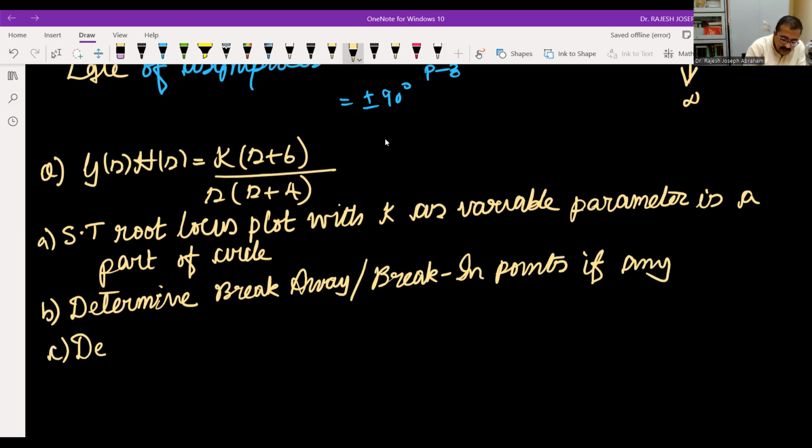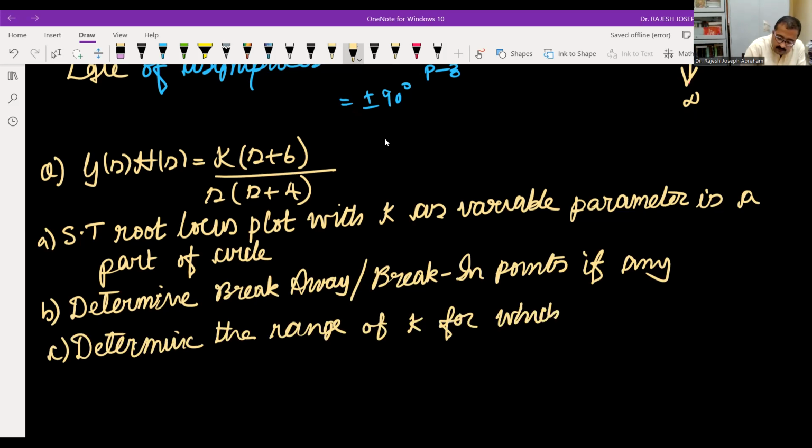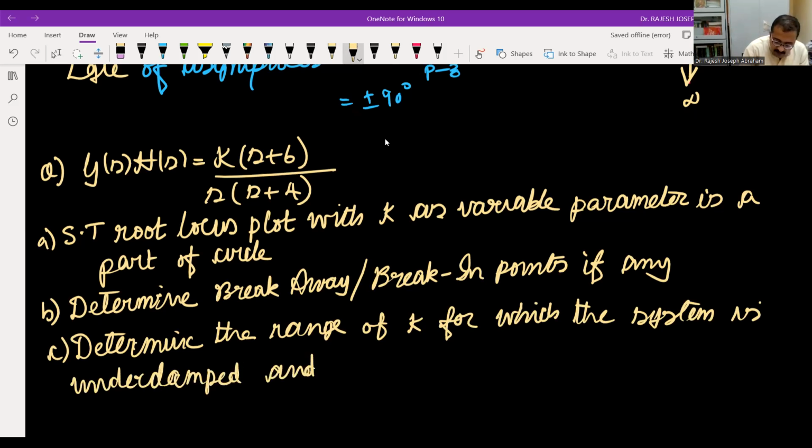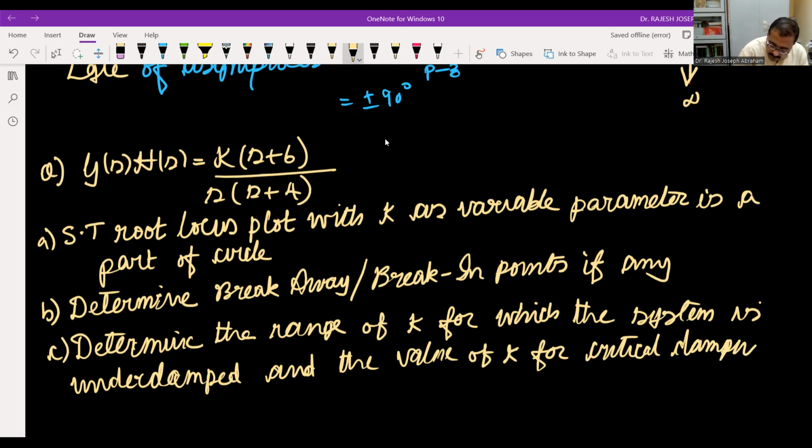Part C: Determine the range of K for which the system is underdamped, and the value of K for critical damping.